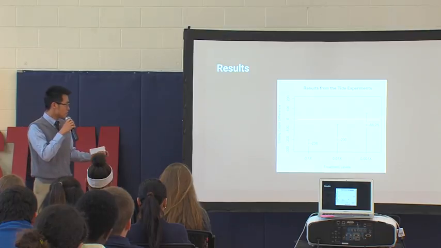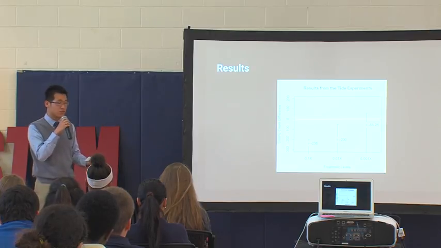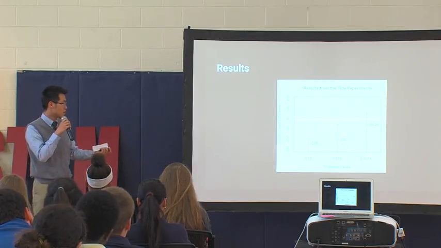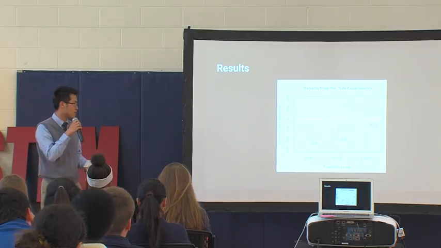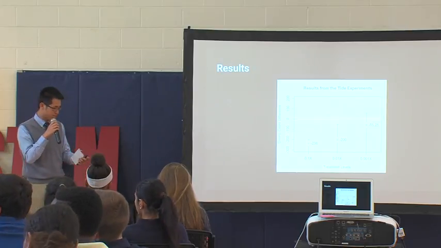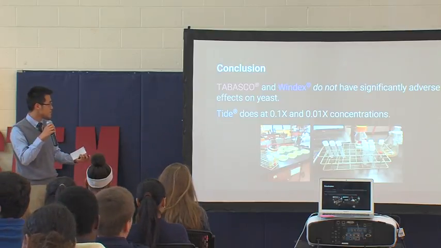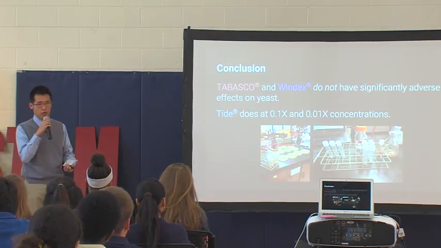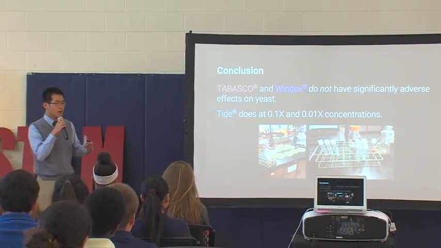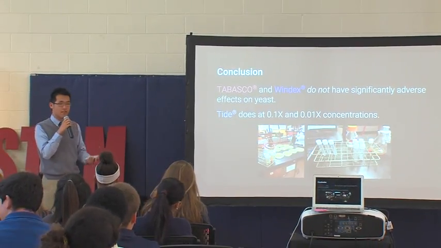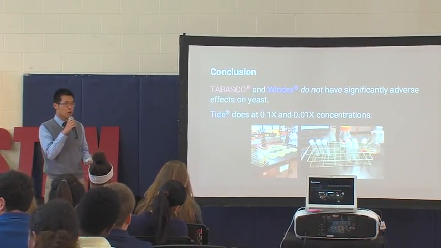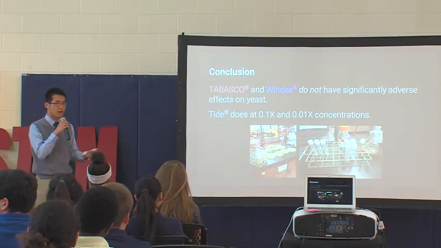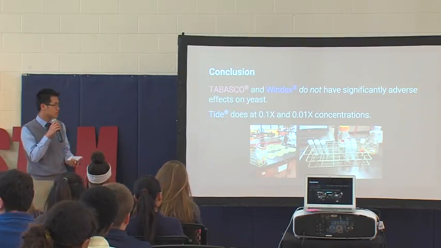The rate of reduction is about 94 to 95% in the case of the 10% treatment, and about 70% for the 1% treatment. Therefore, we can draw a conclusion that Tabasco hostas and Windex do not significantly adversely affect the yeast, whereas Tide does, at least at 10% and 1% concentrations.